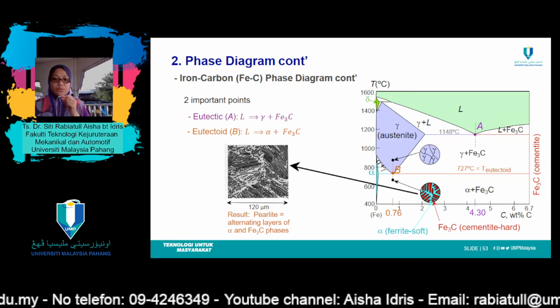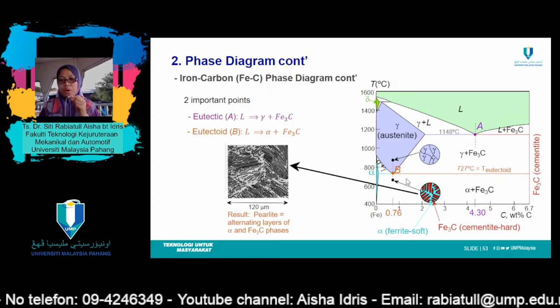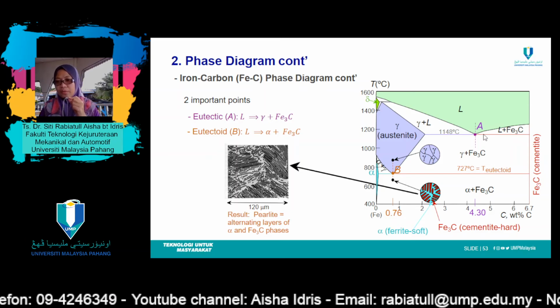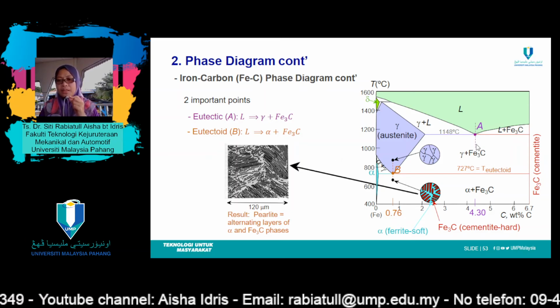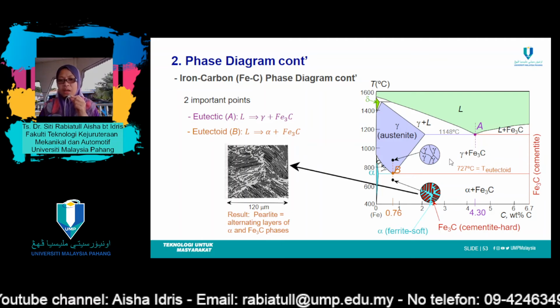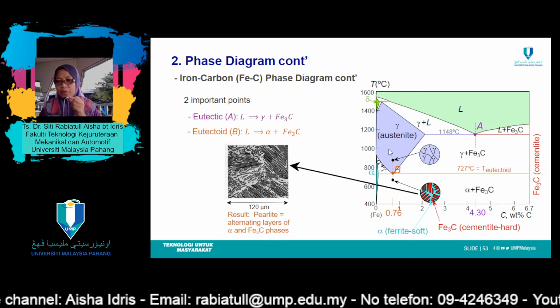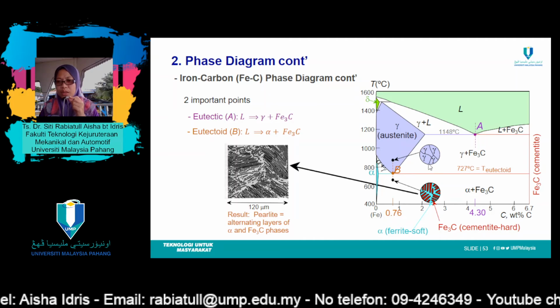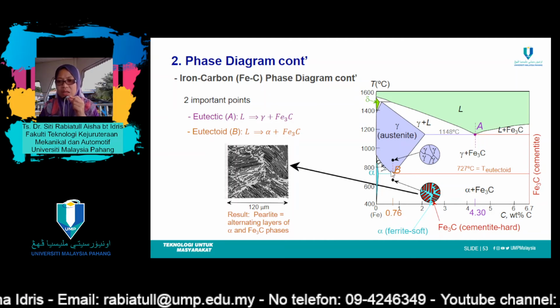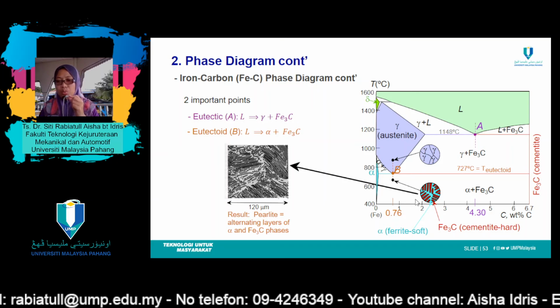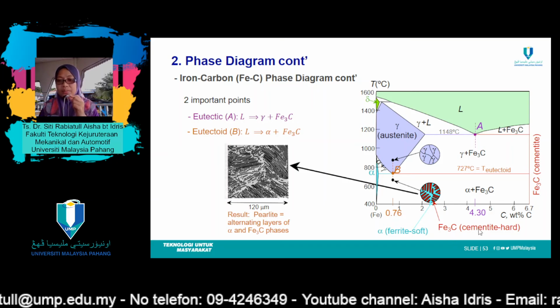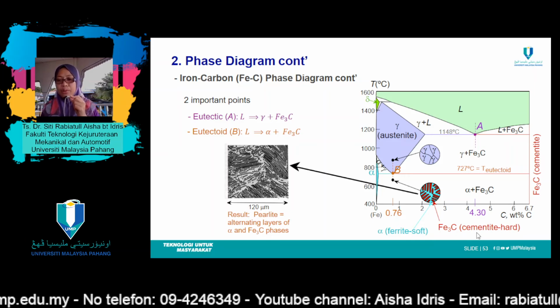Okay, what will happen to the microstructure for eutectic? For the eutectic, you may have gamma plus cementite over here. As for eutectoid, from a solid, so solid gamma or solid austenite passing to eutectoid, you have a lamellar structure as well. The lamellar part is the cementite, which is very hard and brittle.